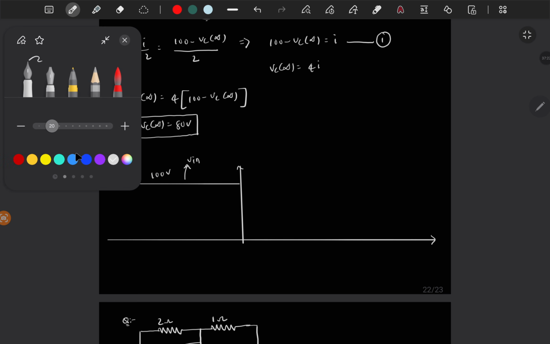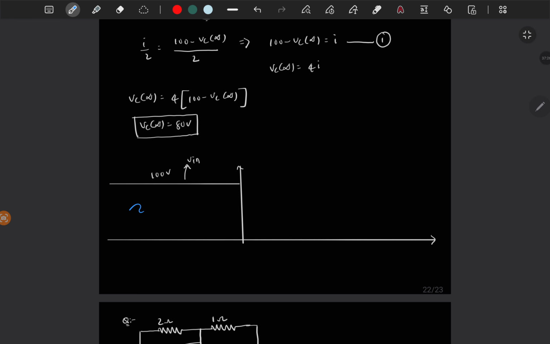Then the voltage across the capacitor goes from 0 to 80 volt exponentially. At steady state it will charge to 80 volt, then it stays at 80 volt. So this is Vc of t.